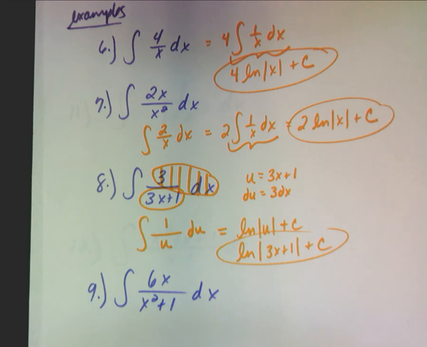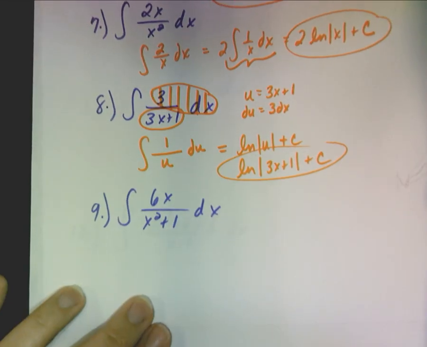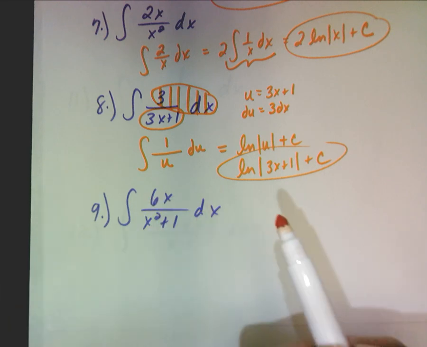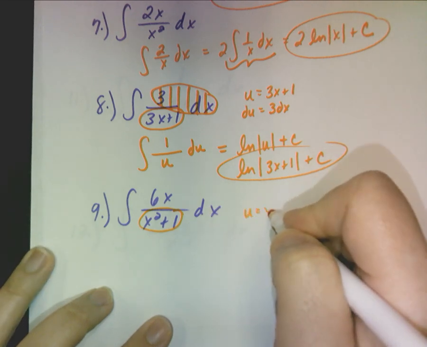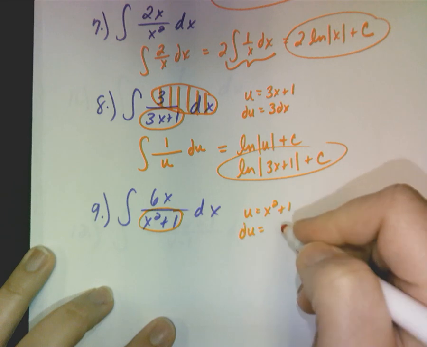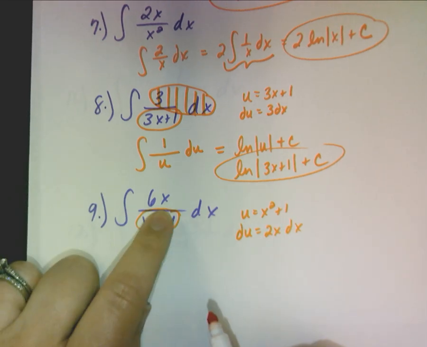All right, so let's do that again. 6x over x squared plus 1. What do I make my u? Probably the bottom. Let's try it. The du would be 2x dx. Well, I've got a 6x.